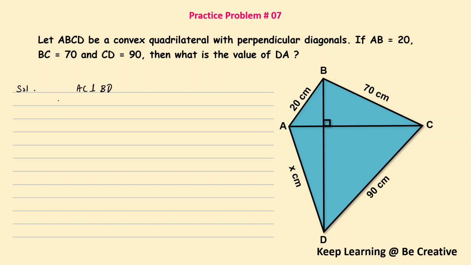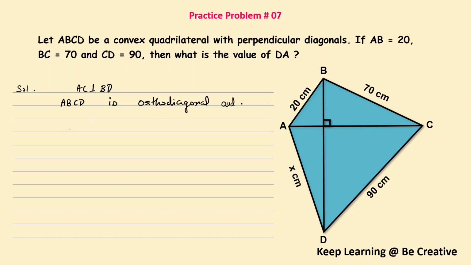So the quadrilateral ABCD is an orthodiagonal quadrilateral, a quadrilateral whose diagonals are perpendicular.